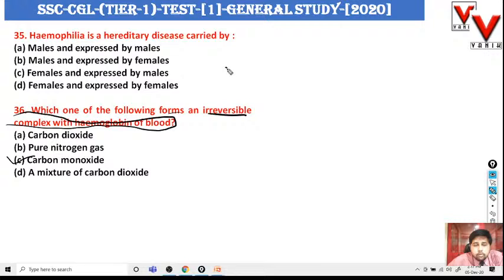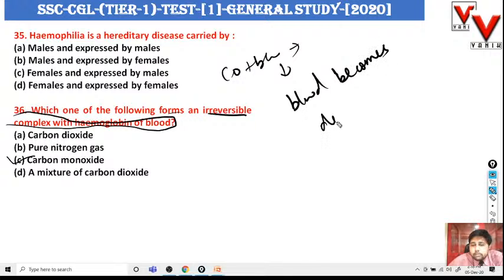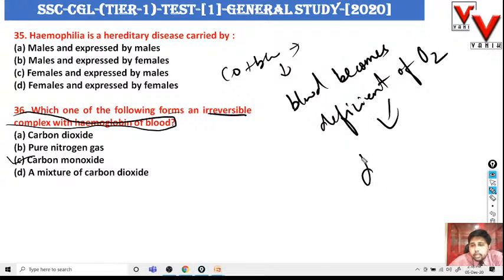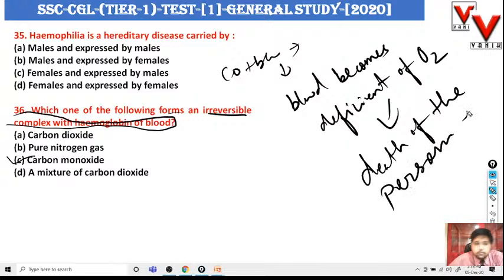When carbon monoxide enters your blood, it gives rise to an irreversible complex, and your blood becomes deficient of oxygen. This may even lead to the death of the person. So answer to this question is option C.